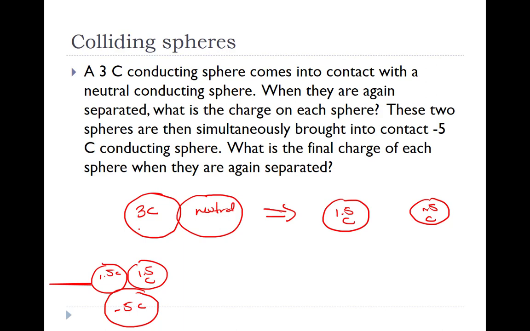In total, I have 3 coulombs of positive charge and negative 5 coulombs of negative charge, which gives me a net charge of negative 2. So when I separate these, I will end up with negative 2/3 of a coulomb on each of my 3 spheres.